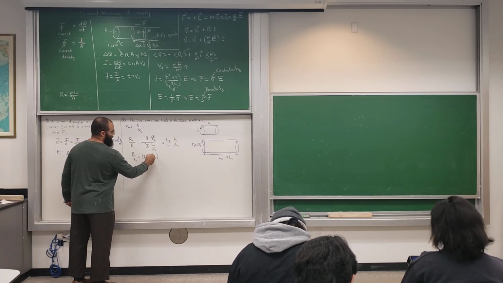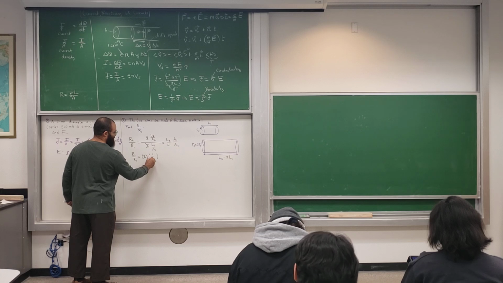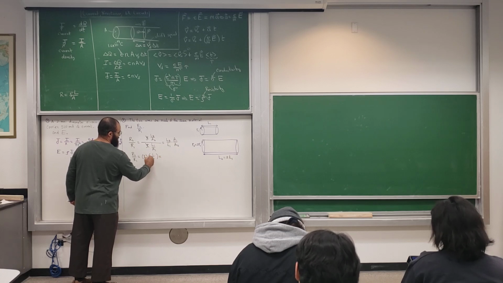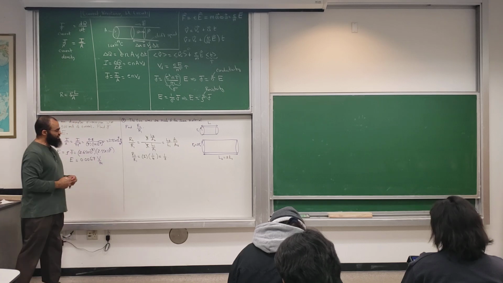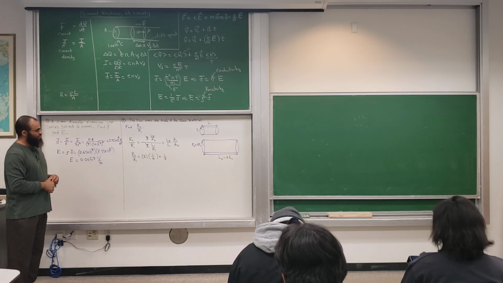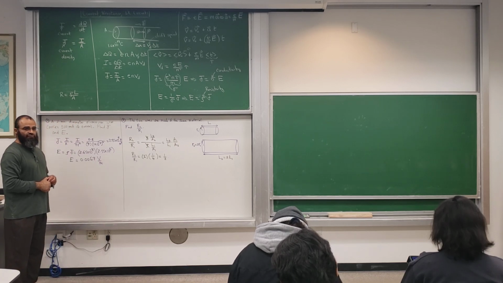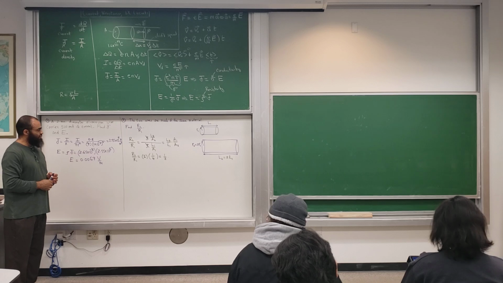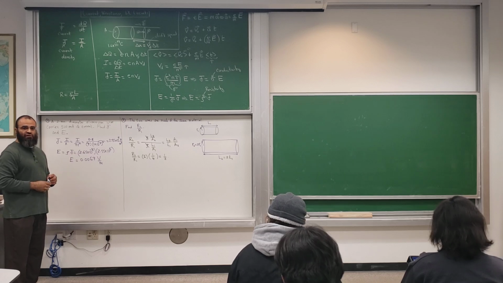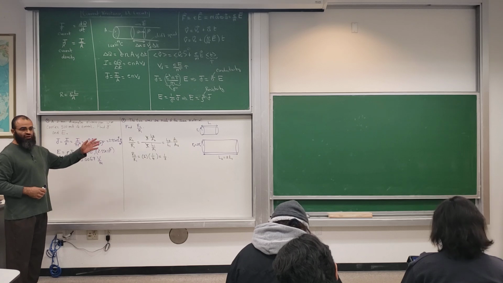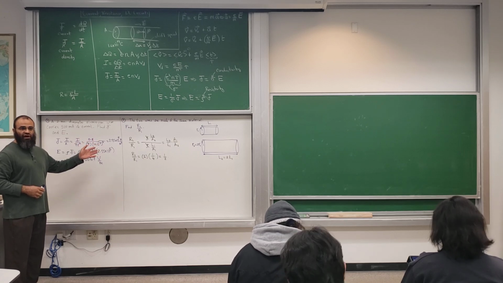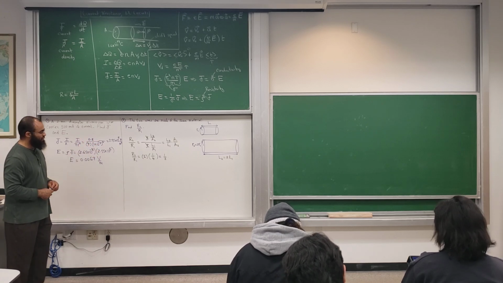So area 1 is 1/4 of area 2. And so you get a half. So the ratio of their resistances is a half. R2 is half of R1. If R1 is 10 ohms, R2 is going to be 5. Half.